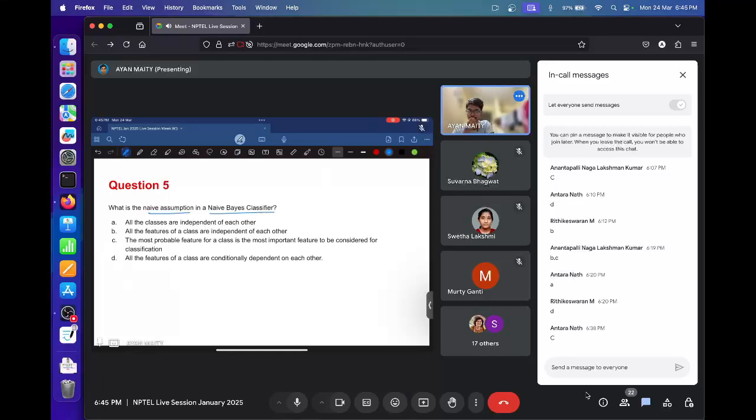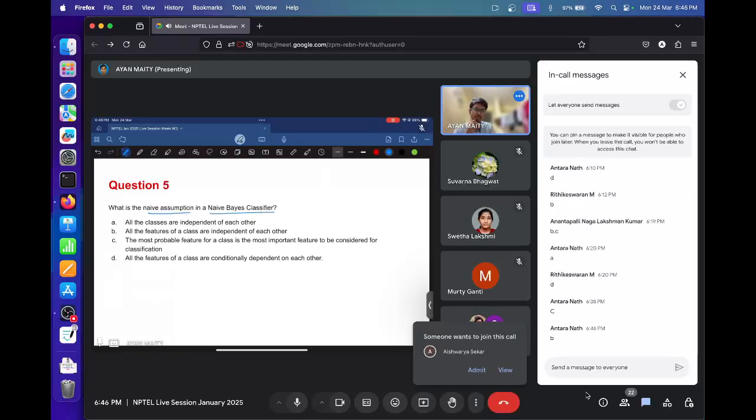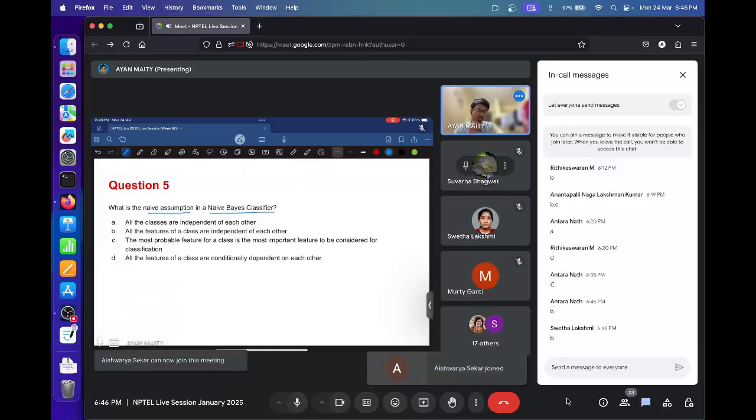Anyone else? Antaranath says option B. Sweta Lakshmi says option B. Yes, so the correct answer is option B. That for a given class, all the features are independent of each other.